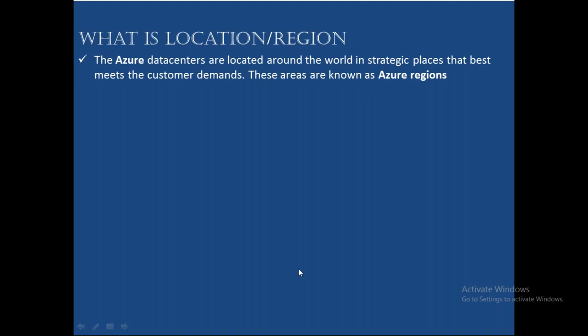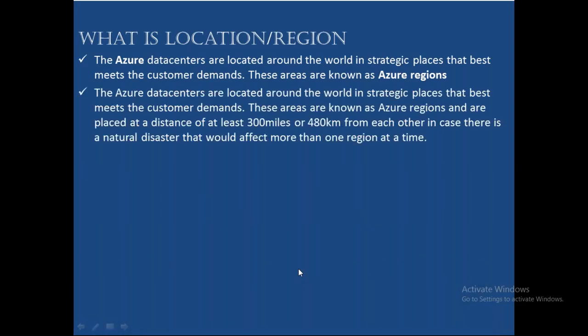These areas are known as Azure regions. Data center means, to maintain all your infrastructure, servers, storage, network, everything, we need some physical location. That physical location is nothing but a data center. These data centers are called Azure regions.